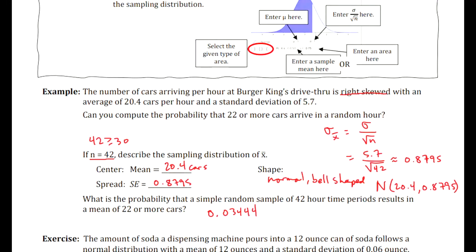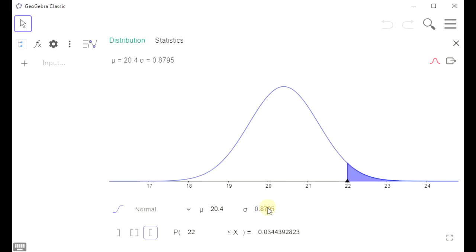Now, we have another option. Instead of using this rounded value for the standard error, we could actually put in this entire expression directly into GeoGebra, and it will give us less rounding error.